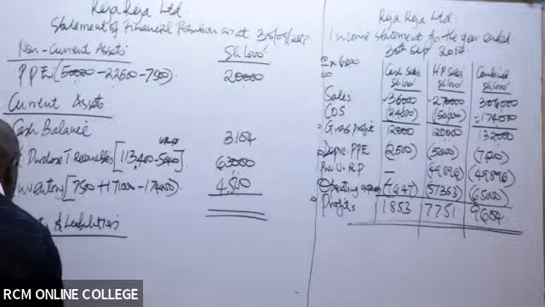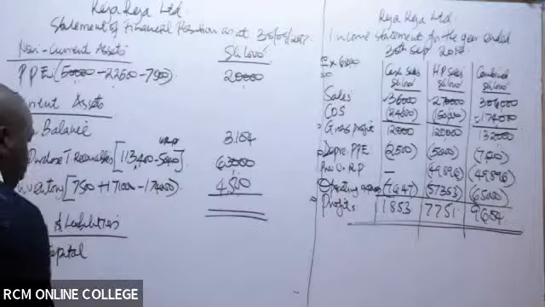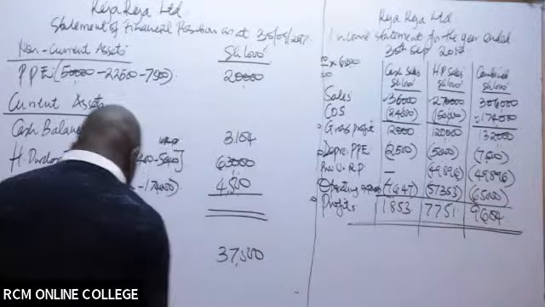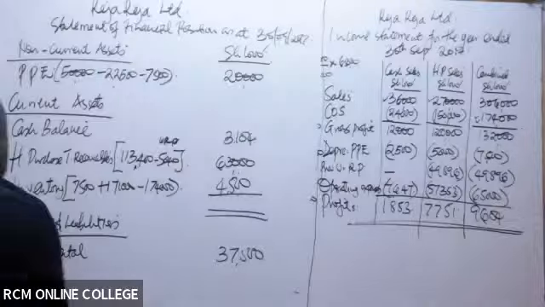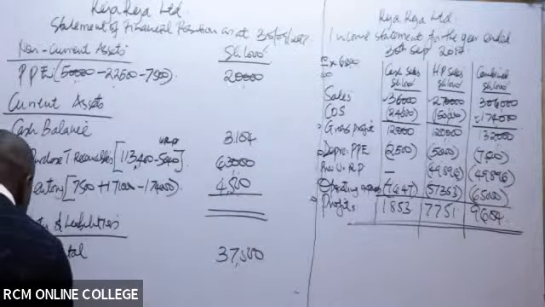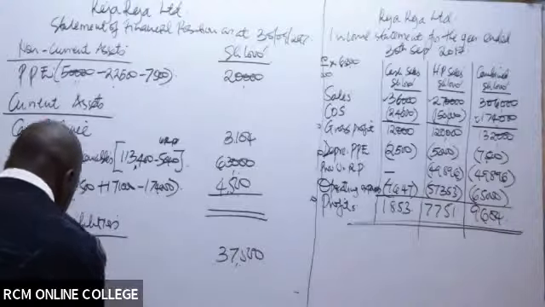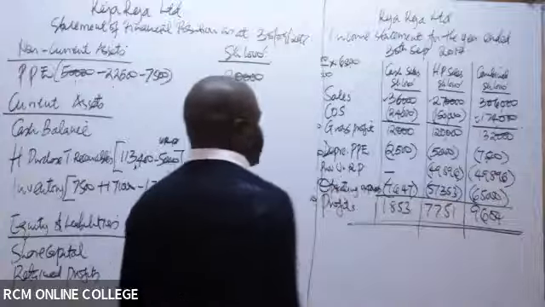So we have a share capital of 37,500. Then we have retained profits. Retained profit is normally part of the equity. So our retained profits is actually here. You can see it there, 9,604.